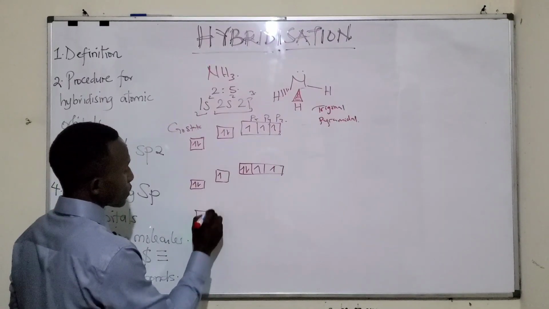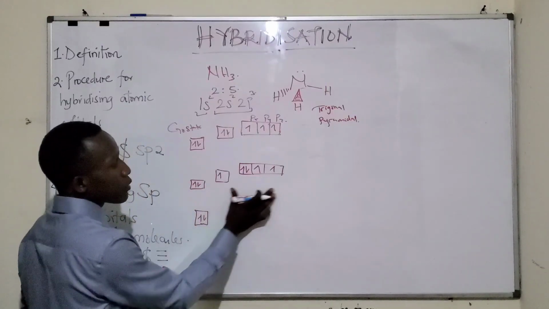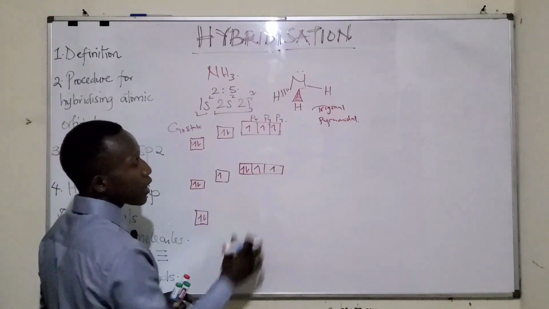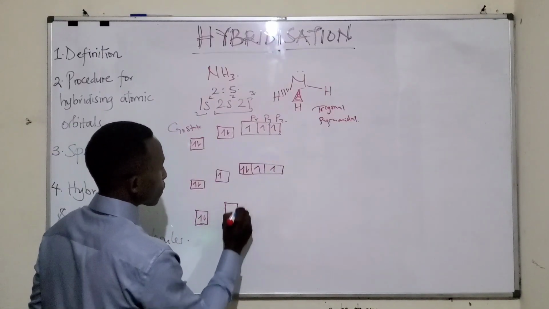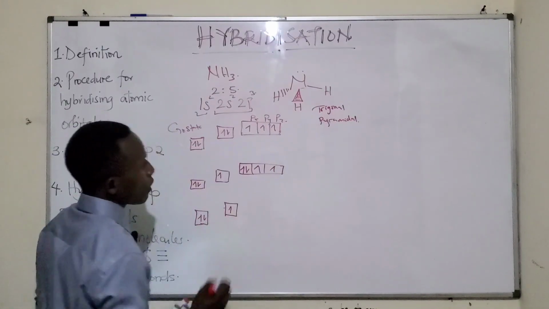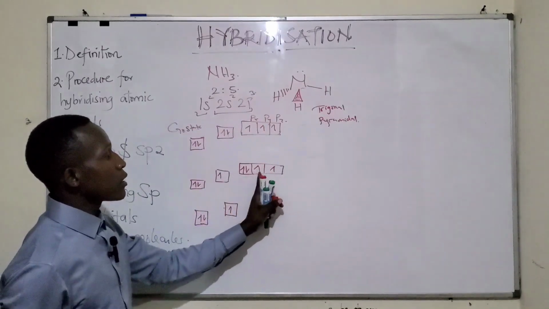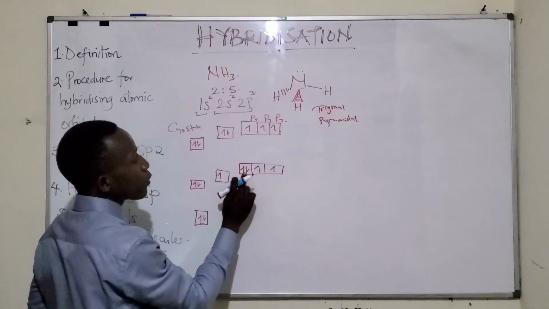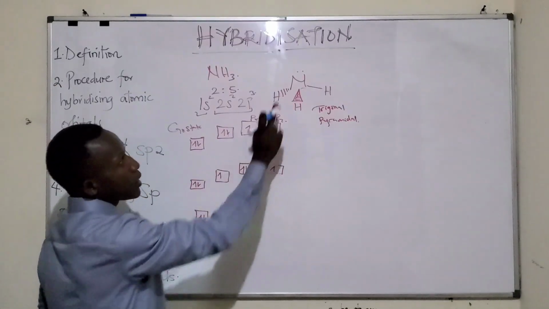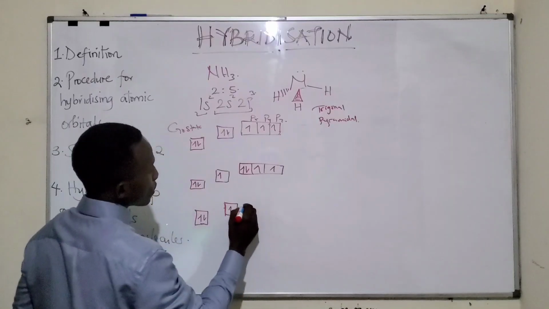So there we form the degenerate orbitals having almost the same energy level. And we need 3 electrons to mix with the hydrogen. And 1 electron pair will remain as the lone pair of electrons. So we shall have this.